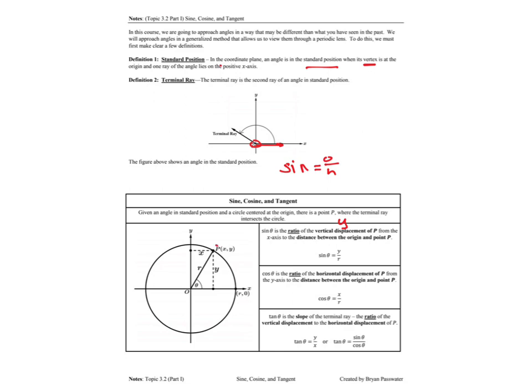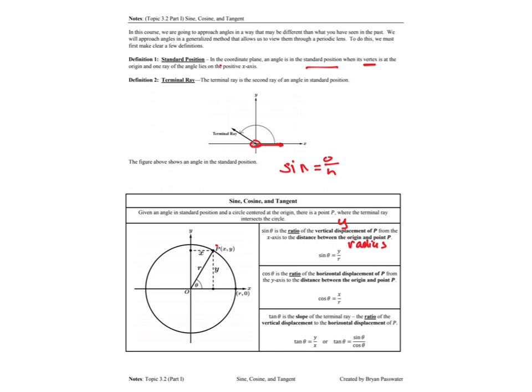Any distance from the origin to a point on the circle is called the what? Radius. So sine of theta is going to be found by using the ratio y over r. Opposite over hypotenuse.